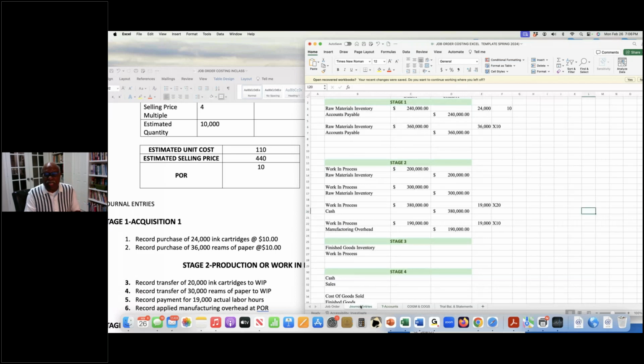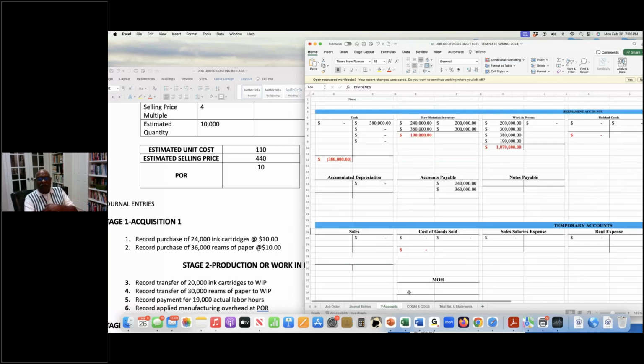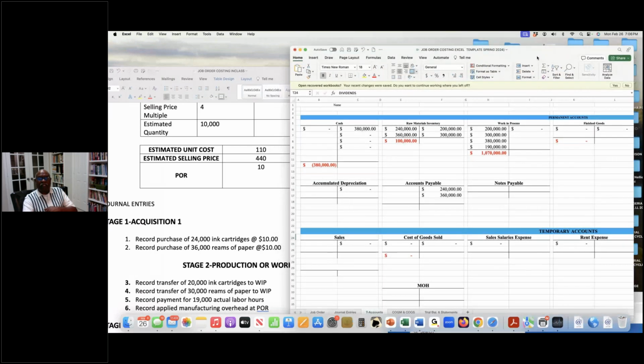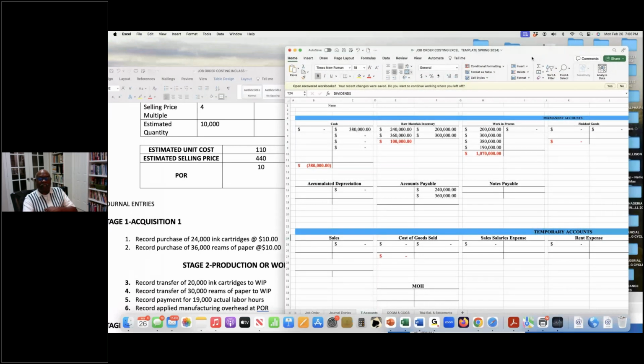Are you not missing some stuff? Oh, actually, never mind. Now, one of the things that is happening is that when we make the journal entries with the spreadsheet, it's posting them automatically for us. So it might be helpful to use it, since it's posting some things for you.